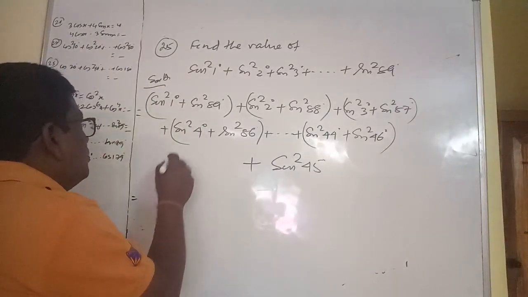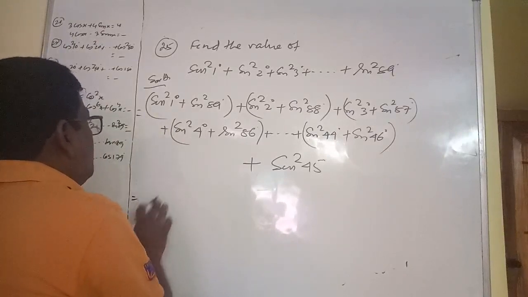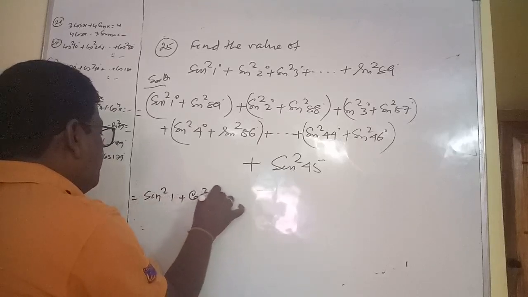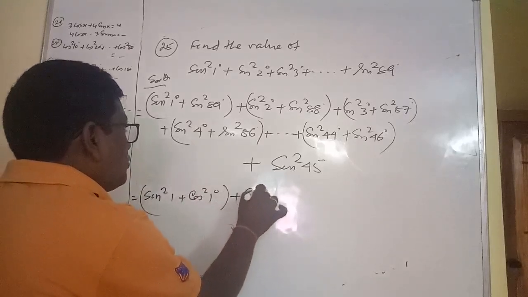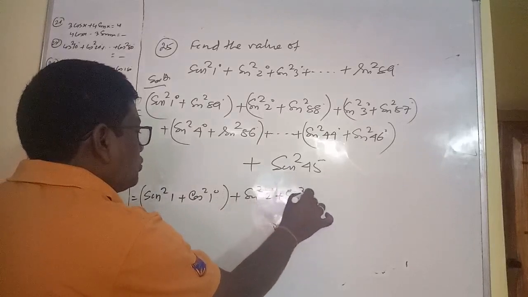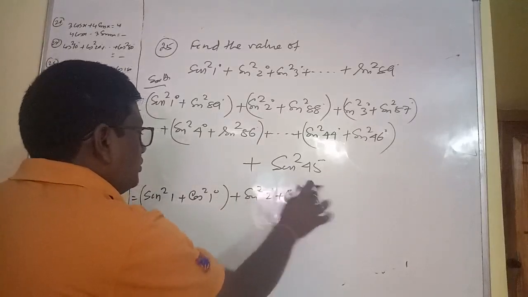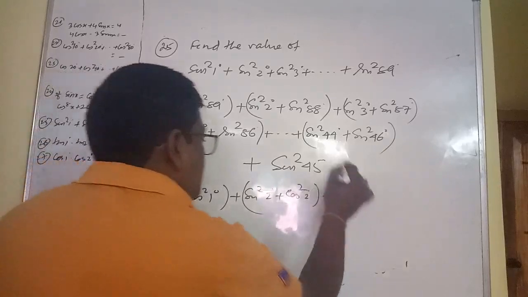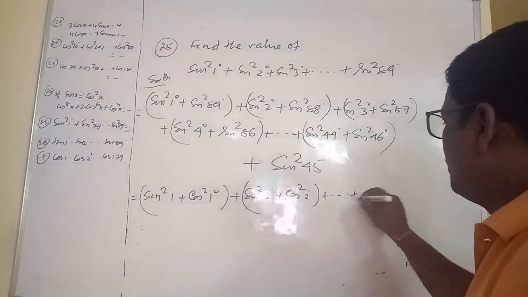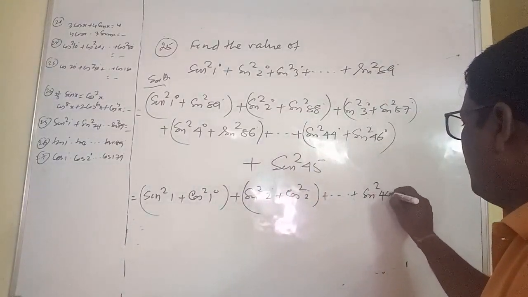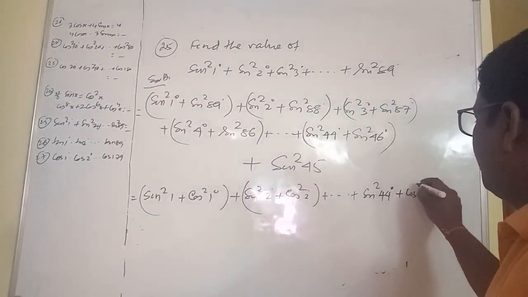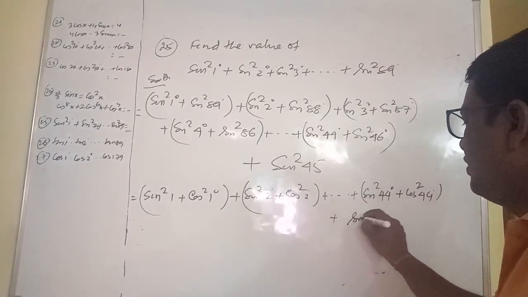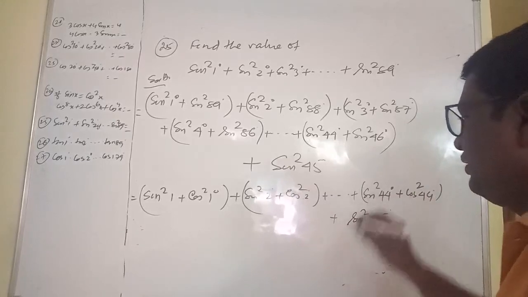So this is sin square 1 plus cos square 1, sin square 2 plus cos square 2, like this up to sin square 44 plus cos square 44 degree, and the remaining term is sin square 45 degree.